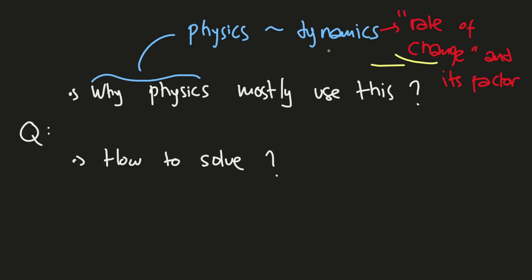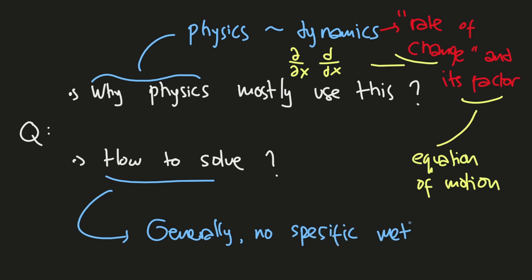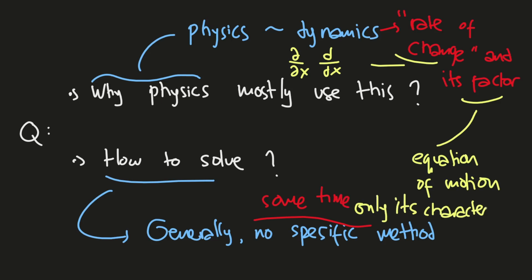The rate of change is about the differential, both partial or ordinary, but the factor is about the equation of motion. And the answer to the second question is that generally there is no specific method, but sometimes we can just analyze its characteristics, which relate to the equation of motion and every part of the differential itself.